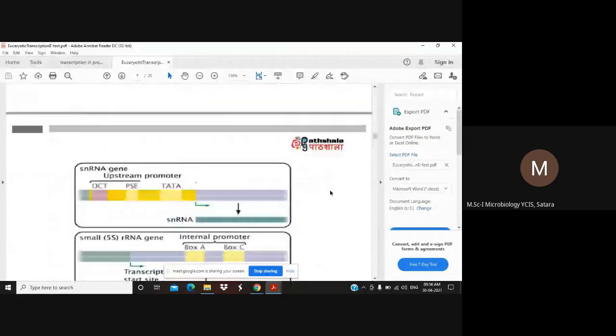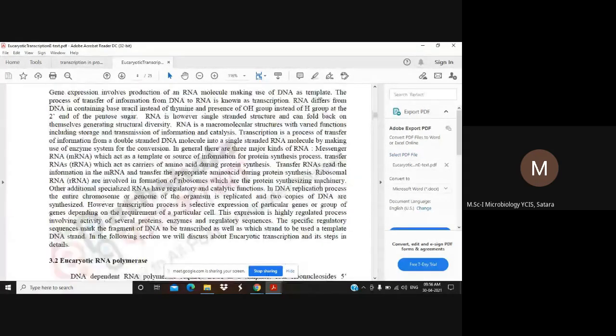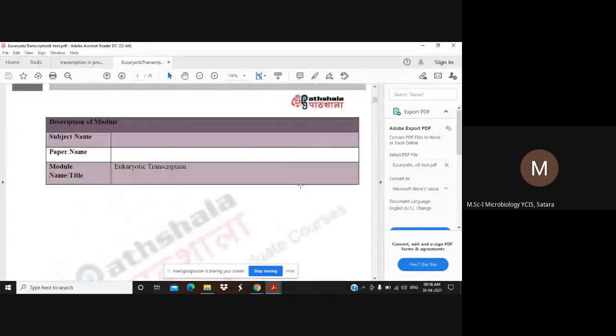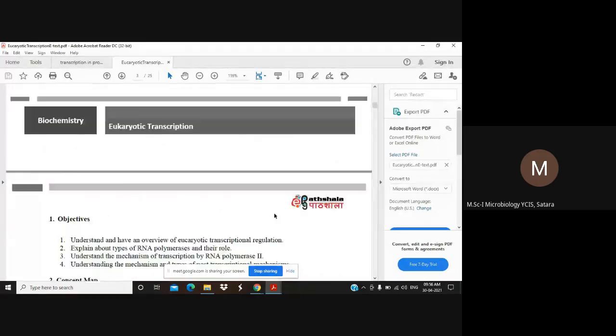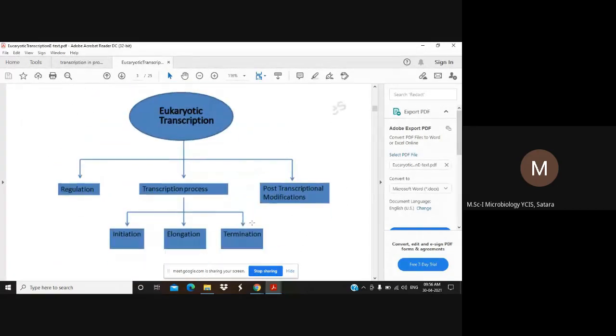So eukaryotic RNA polymerase and eukaryotic transcription process, it is little bit complex than that of the prokaryotic cell. तर युकॅरियोटिक सेल आणि प्रोकॅरियोटिक सेल मध्ये मेन डिफरन्स काय आहे दोन्हीमध्ये ट्रान्सक्रिप्शन मध्ये. तर in case of prokaryotic cell, it is a simultaneous process.